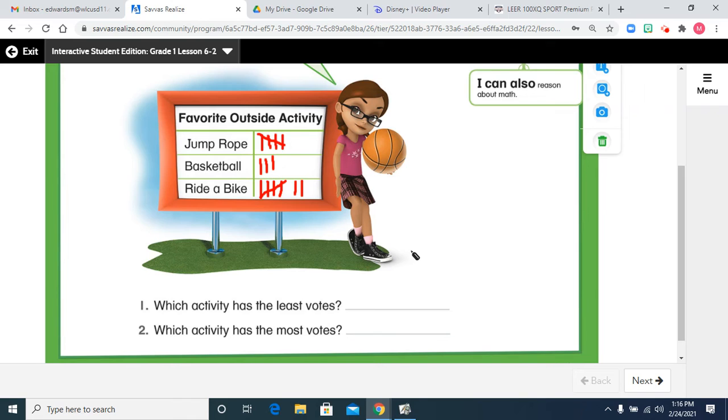So we need to answer the questions at the bottom. Number 1 says, which activity has the least votes? Jump rope has 5, basketball has 3, and riding a bike has 7. So the least votes would be the 3, basketball. So write basketball in the blank.